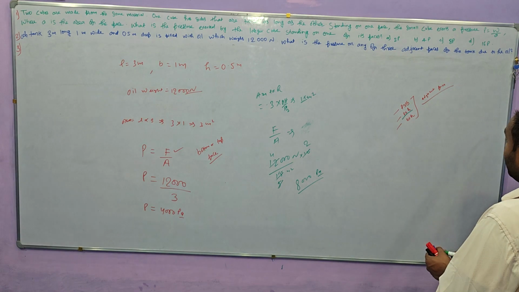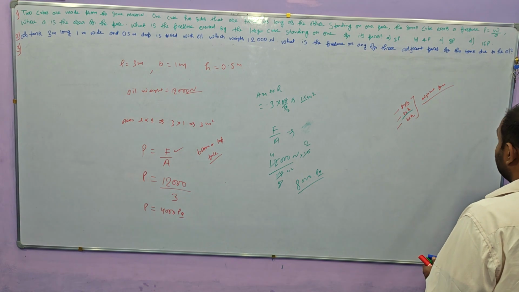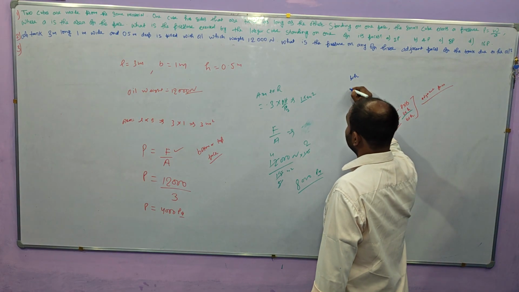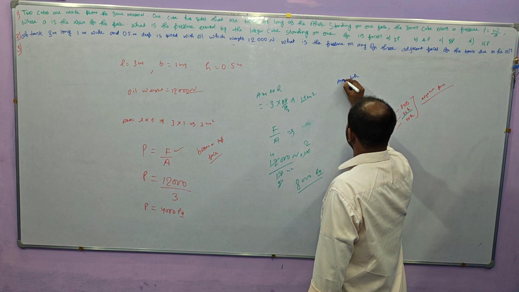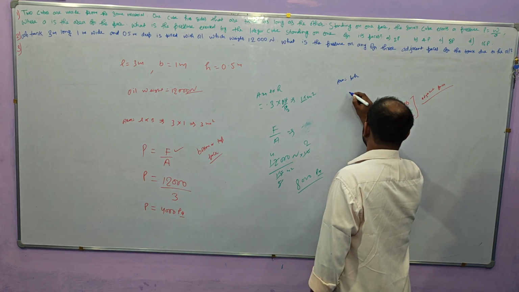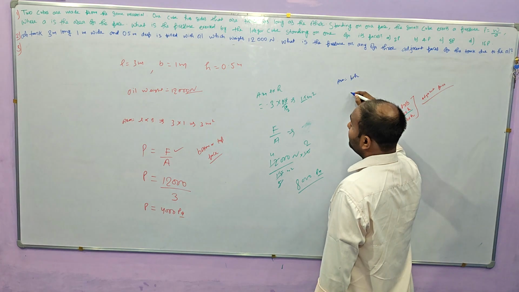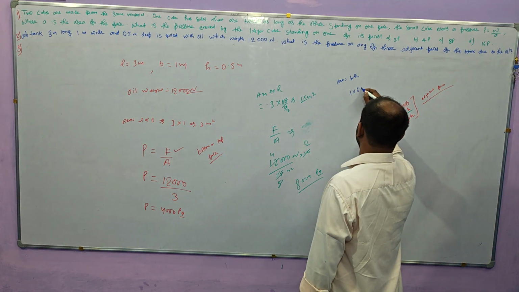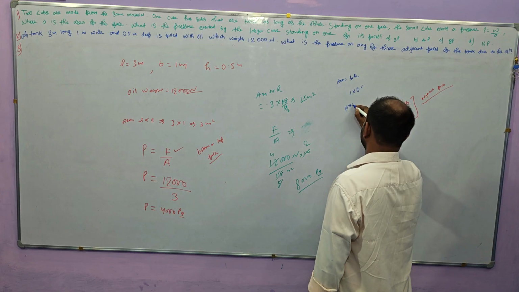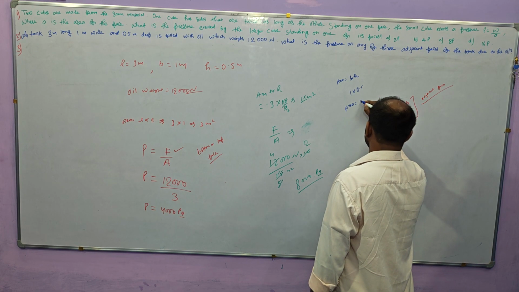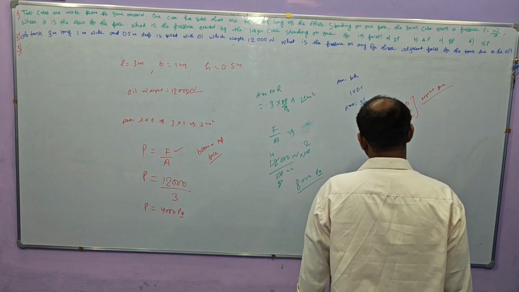Now another for side faces, where B into H is the area. B is what? 1, and H is 0.5. That's area is equal to 0.5.